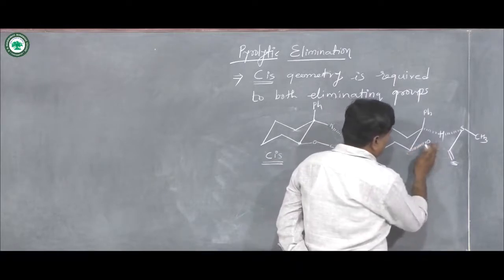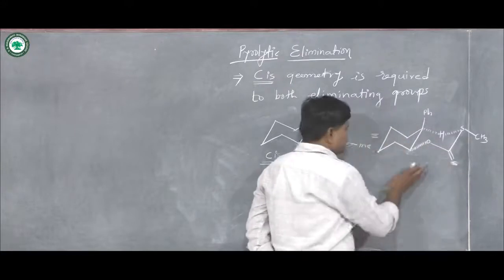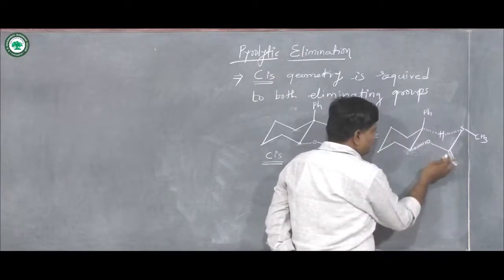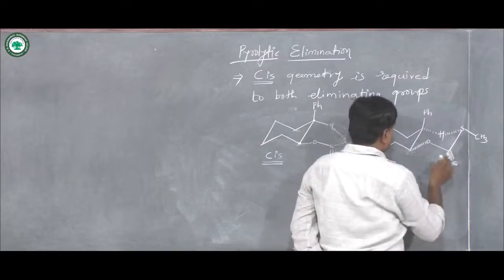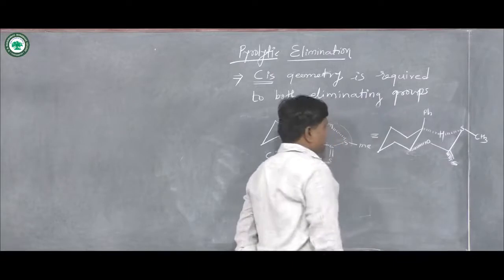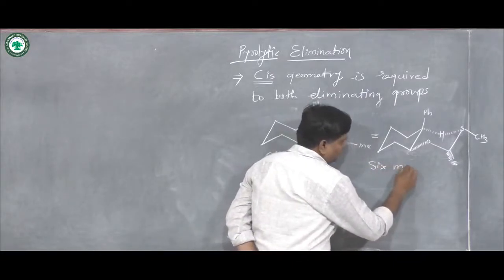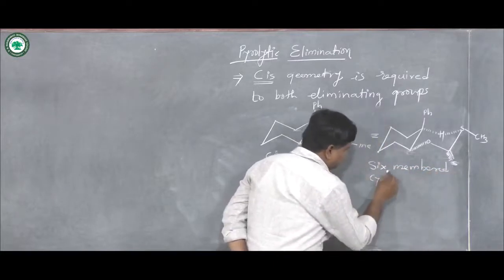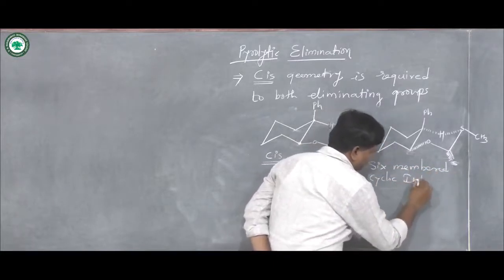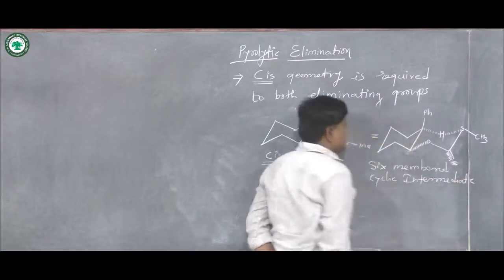All these bonds we write by dotted line. Why? Because all these are broken. This is also a ring. So this is the 6-membered cyclic intermediate.